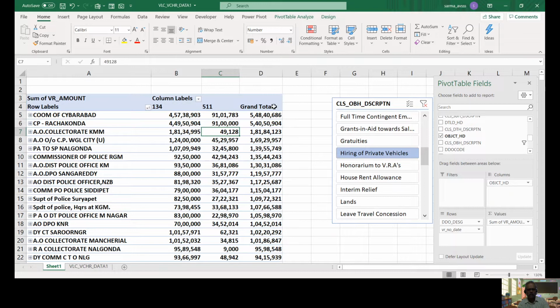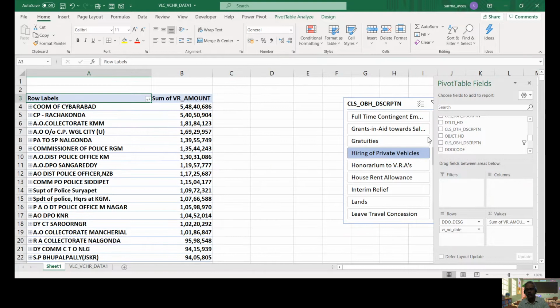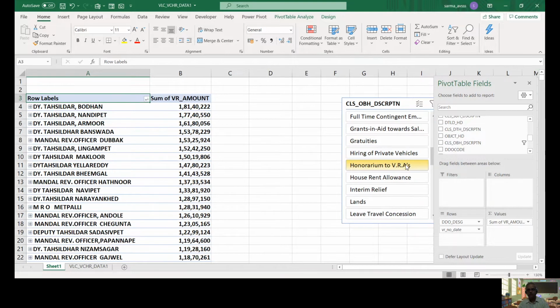Okay, so these are the methods. That is what I'm saying. If we start analyzing these DDOs based on the object head, it gives a lot of insights. So this I want to present to you all through this video.